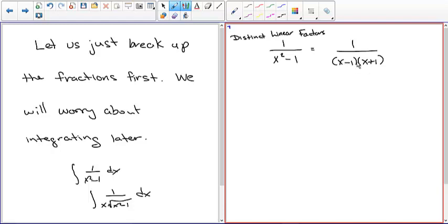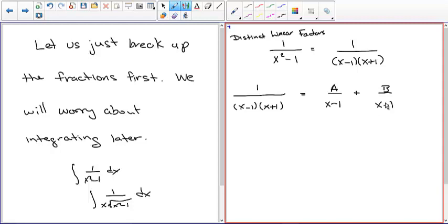So the whole idea here is to take that factored version and rewrite it as two separate fractions where the denominators of each separate fraction are the same as the factors of the original equation. They have to be that way.